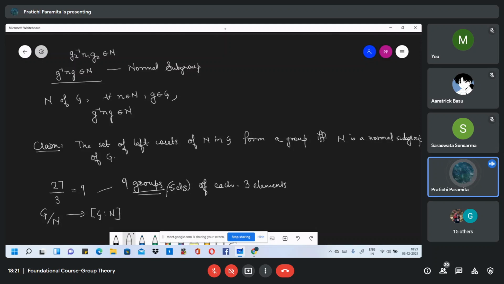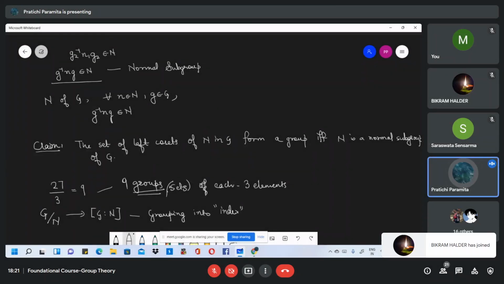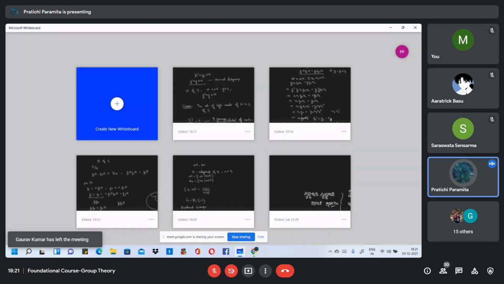So G mod N is nothing but grouping G into index number of sets, each of cardinality order of N. That is how the name quotient came about.